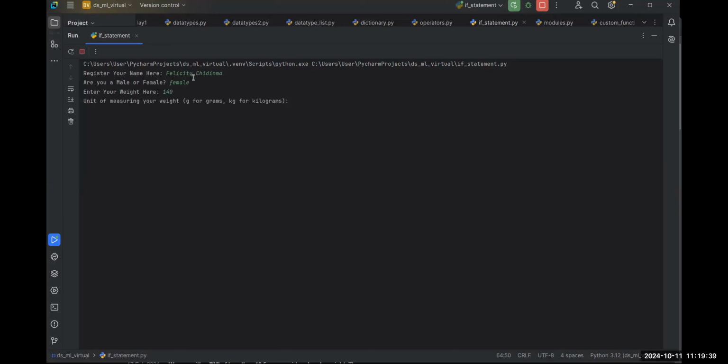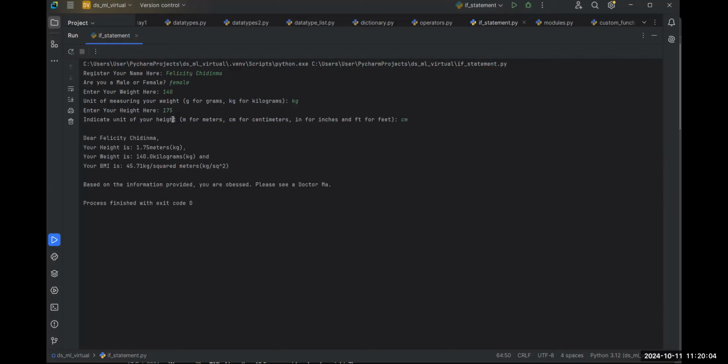Let's try and see. We're using kg here. Let's proceed. Maybe we can just use 175 cm and see.